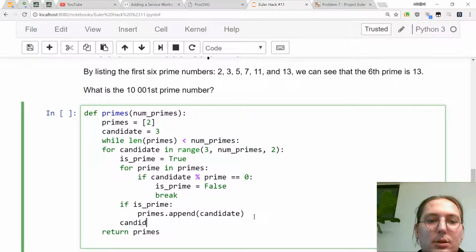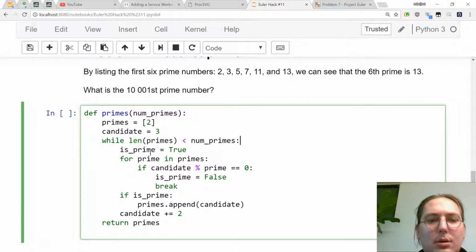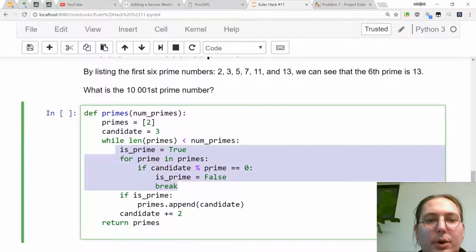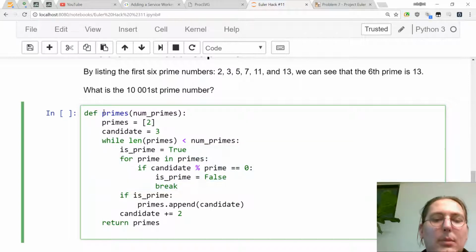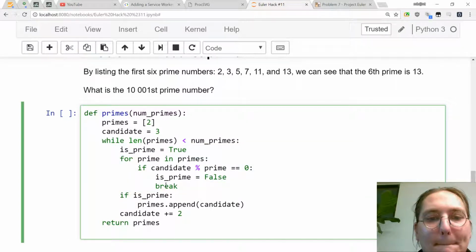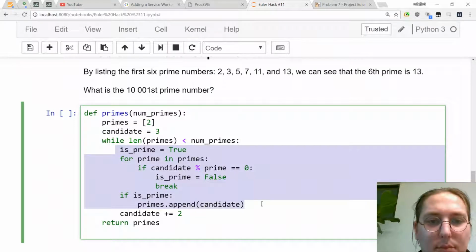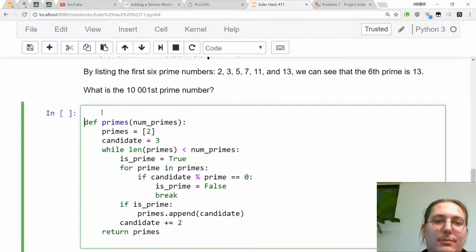Yeah, the for loop for candidate, that's what I meant by we define a function is prime. So that's the is prime function. This part would be this prime. No, we're checking for prime in primes. Oh. We check. So we have the candidate. Yeah. And we check if it is prime. Mm-hmm. So I mean we can. Oh, we should.